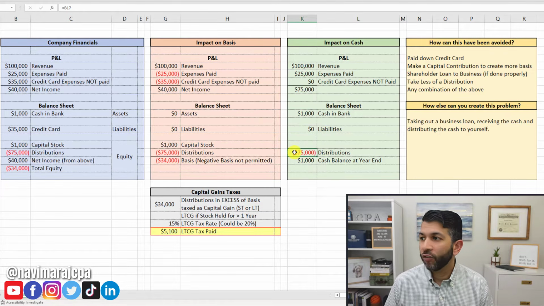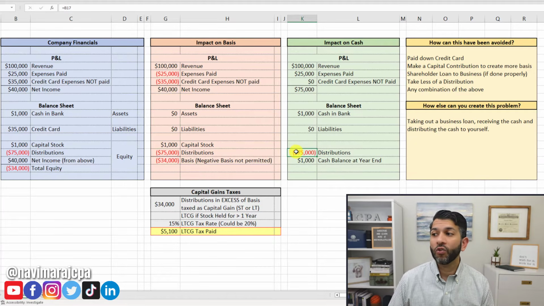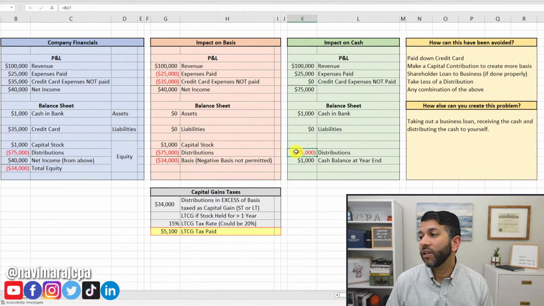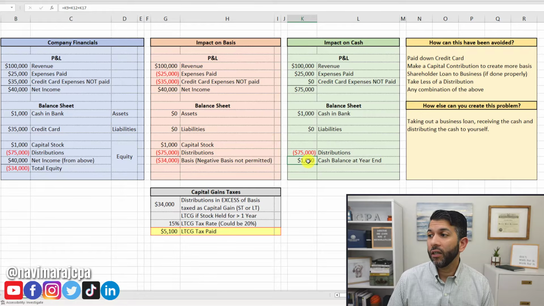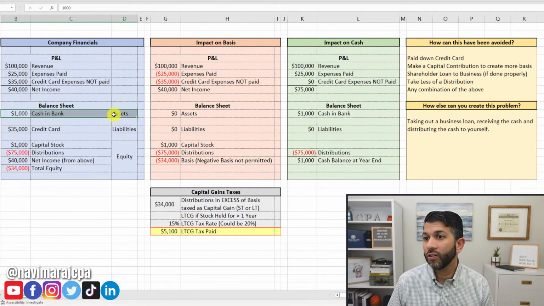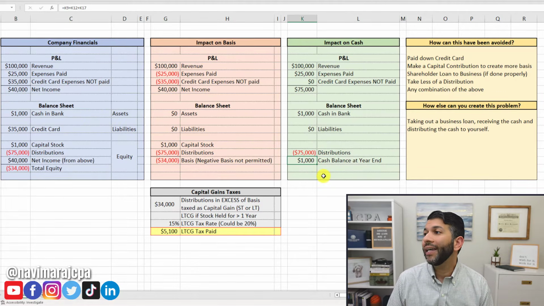But then, unfortunately, you took $75,000 in distributions because you didn't realize that this would be an issue. So you took the 75 grand out, and your cash at the end of the year is only the $1,000 that you have in the bank. Just like we said here, your assets are $1,000. That's the cash you have in the bank.